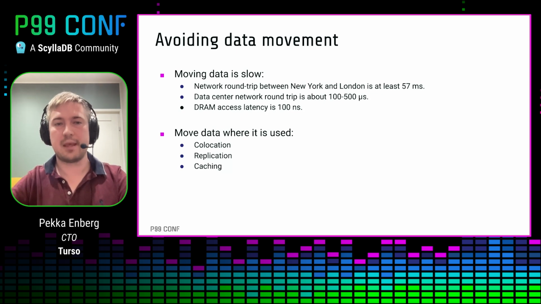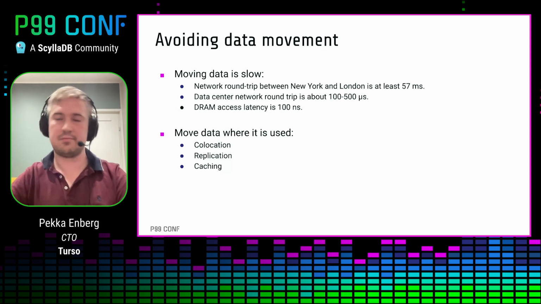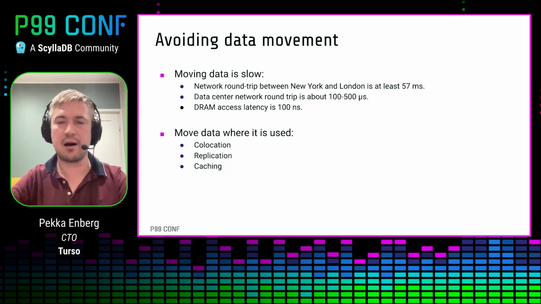And even in the data center, with numbers I got from high-end network cards, you're still looking at round trips from 100 to hundreds of microseconds. And even accessing memory is about 100 nanoseconds.